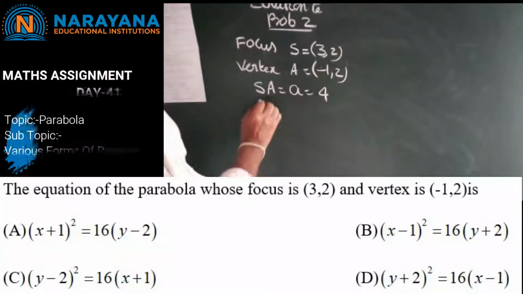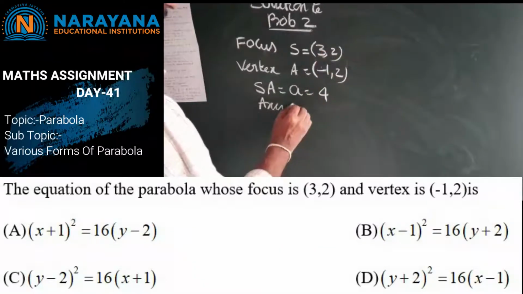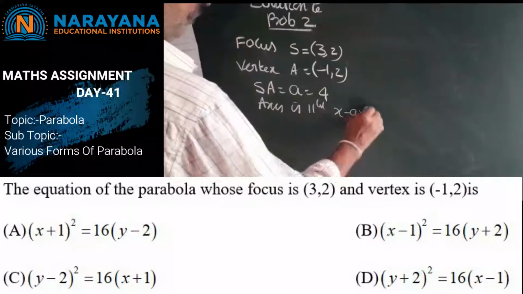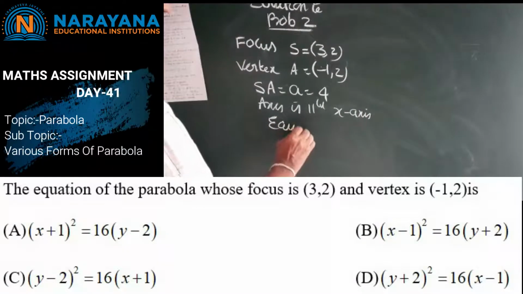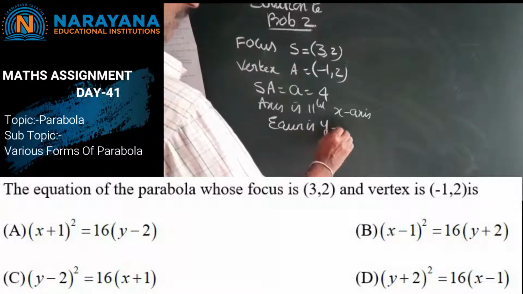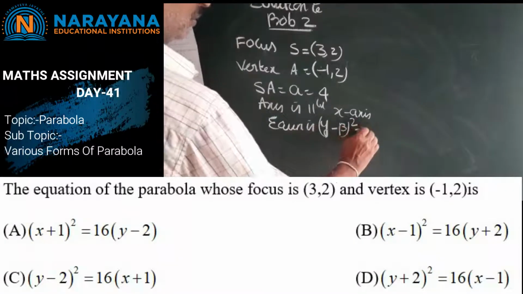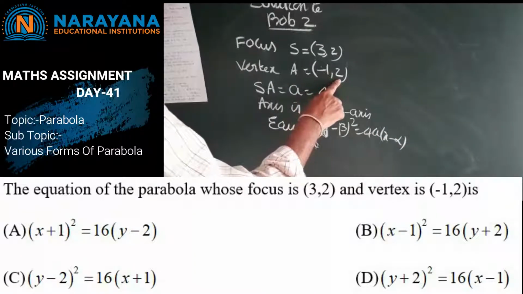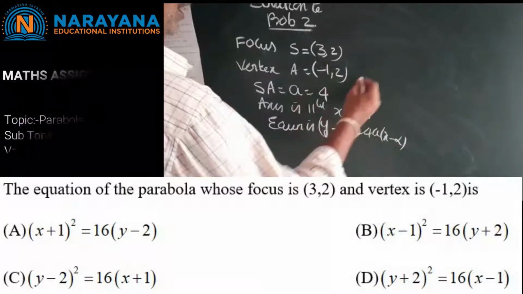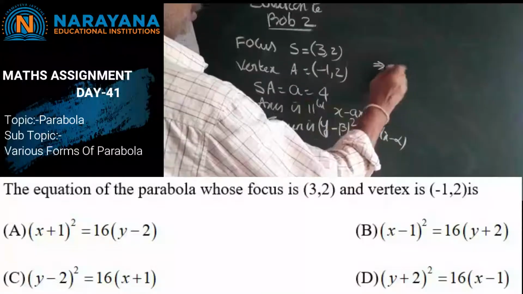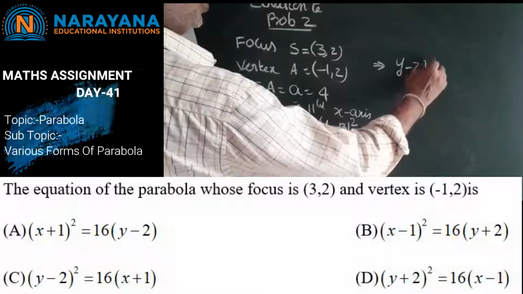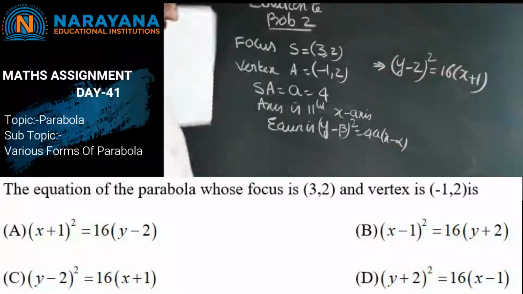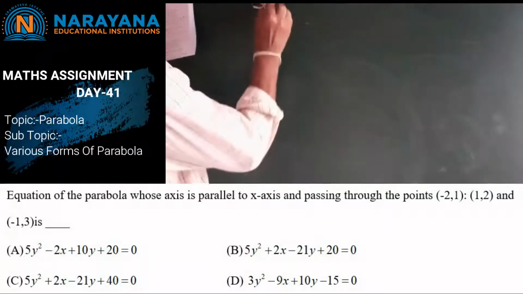And we can say that, because y coordinates are same, axis is parallel to x axis. So equation is (y - beta)^2 = 4a(x - alpha). Beta is given by 2, alpha is given by -1, a is given by 4. This implies (y - 2)^2 = 16(x + 1).